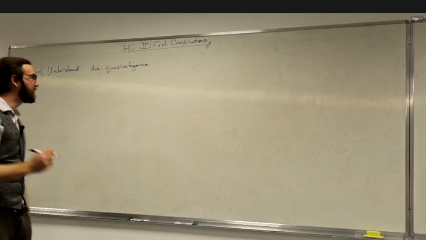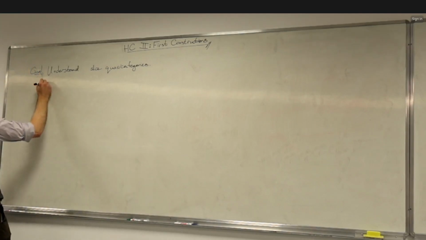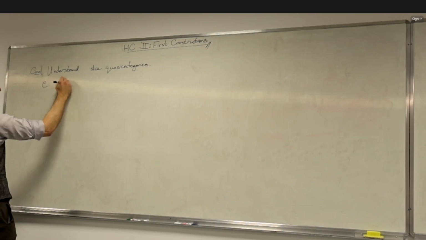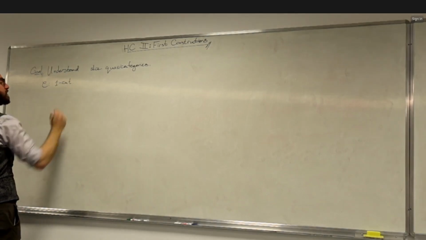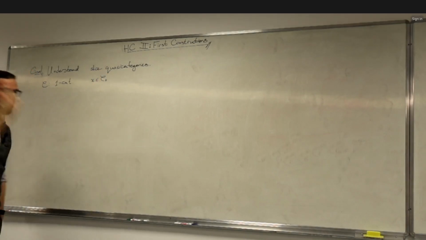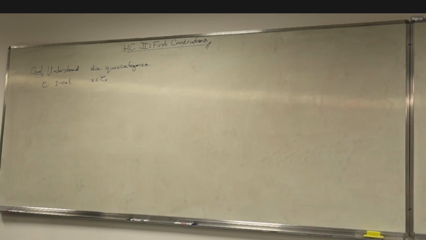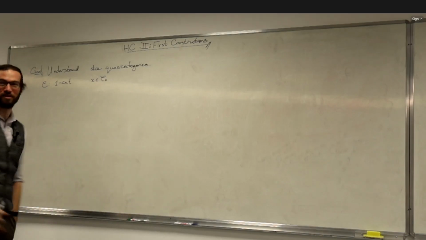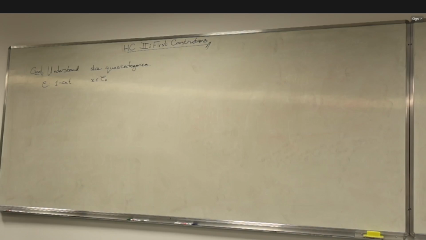So we want to understand slice quasi-categories. The first thing that I'd like to do is take a one category C, and X, an object of C. Since I'm now tending to think of things as simplicial sets, I'm usually just going to use a subscript 0 to denote objects even when I'm dealing with a one category.